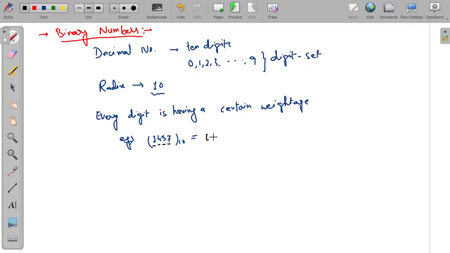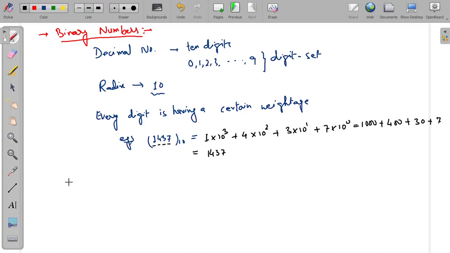So we go like this: 1 into its weight, plus 4 into its weight, plus 3 into its weight, plus 7 into its weight. This will be 1000 plus 400 plus 30 plus 7, which results in 1437. The point to remember is that each digit has a certain weight, and this is decided by the radix of that particular number system.